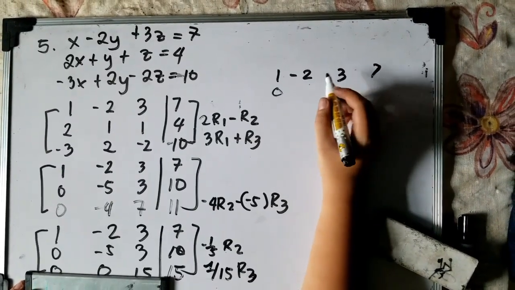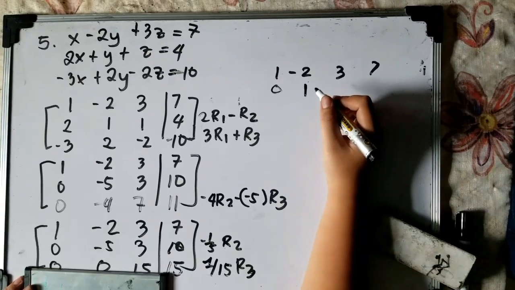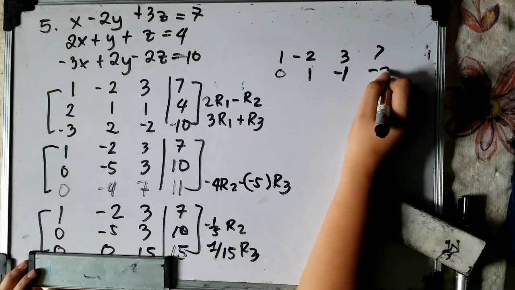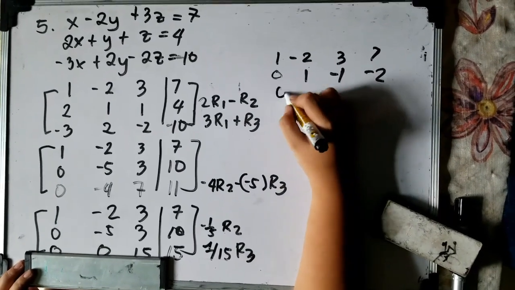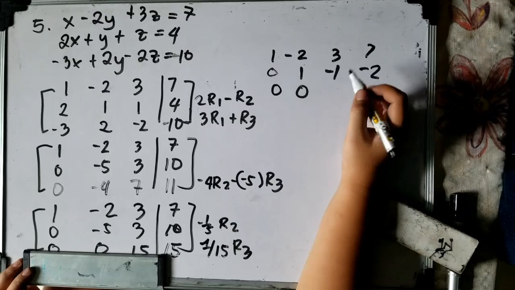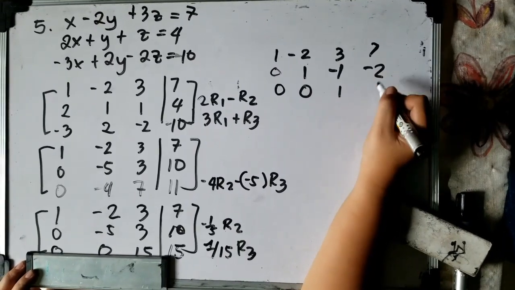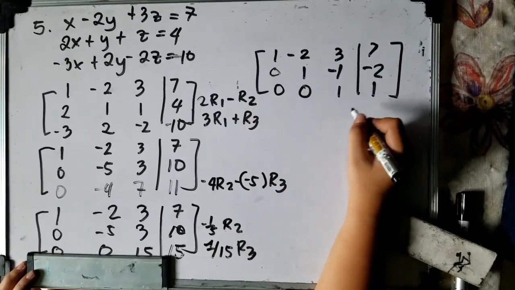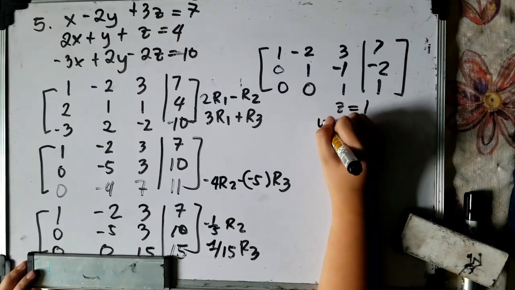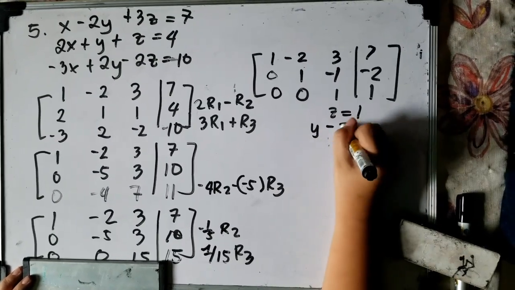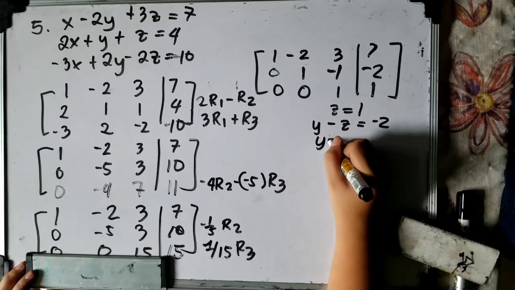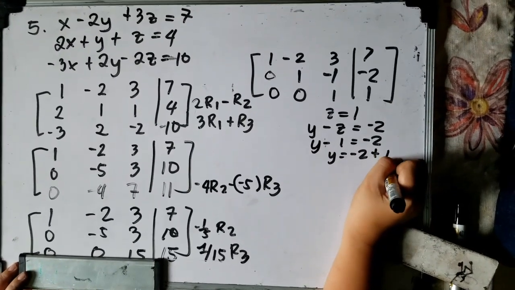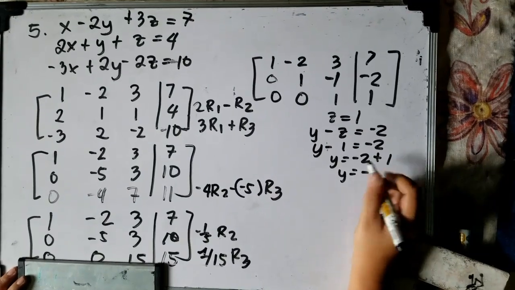Negative 1/5 times negative 5 is 1, negative 1/5 times 3 is negative 3/5, negative 1/5 times 10 is negative 2, and then 1/15 times 0 is 0, 1/15 times 0 is 0, 1/15 times 15 is 1, 1/15 times 15 is 1. So we already see the diagonal of 1. z is equal to 1, y minus z is equal to negative 2. y minus 1 is equal to negative 2. y is equal to negative 2 plus 1, so y is equal to negative 1.